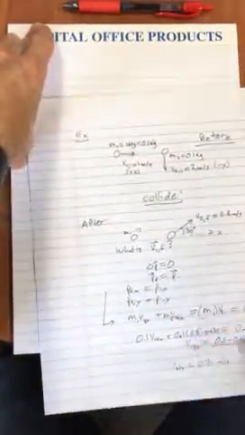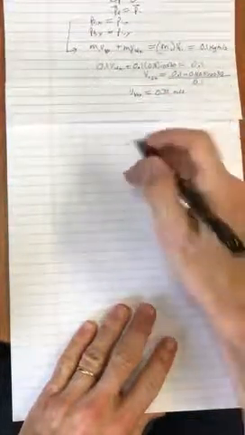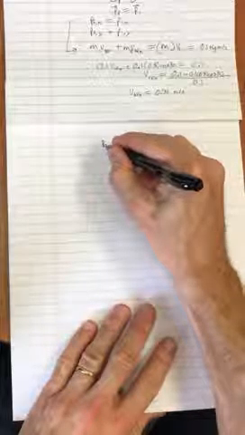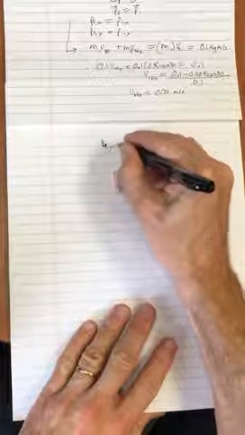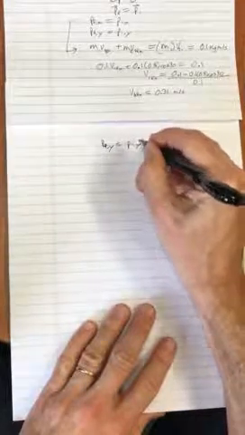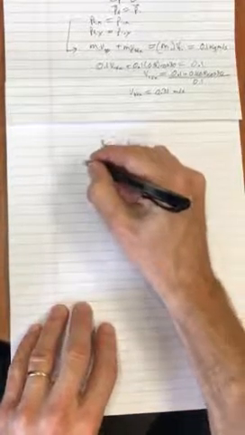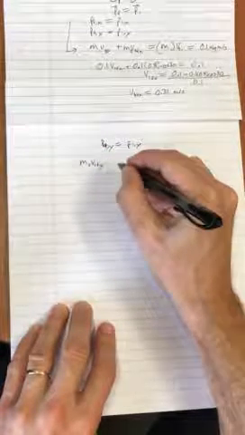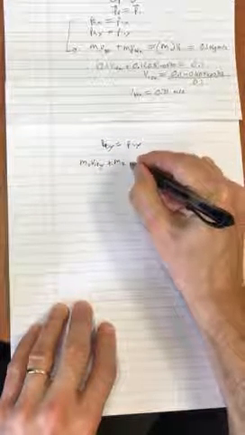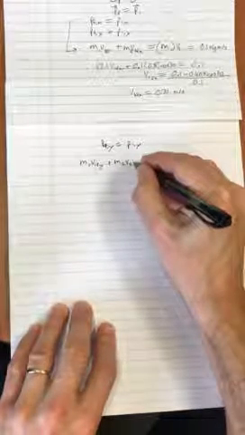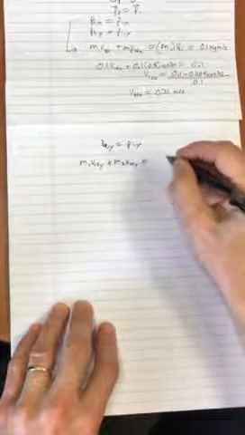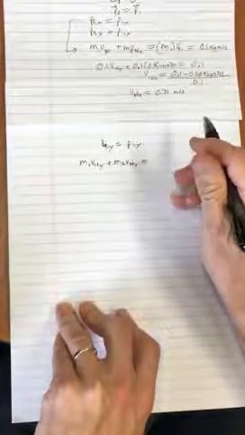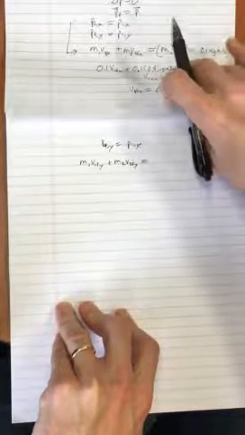Now, let's take a look at what the y component is going to look like. So I'm going to write my y momentum equation. P final y equals P initial y. The final is m1 v1f in the y direction plus m2 v2f in the y direction equals my initial y momentum.